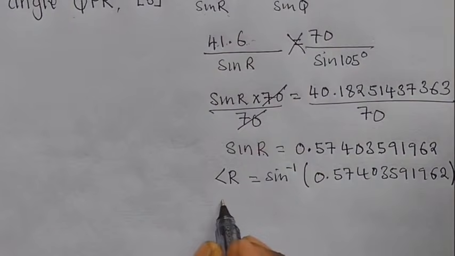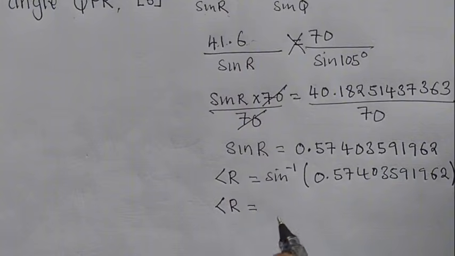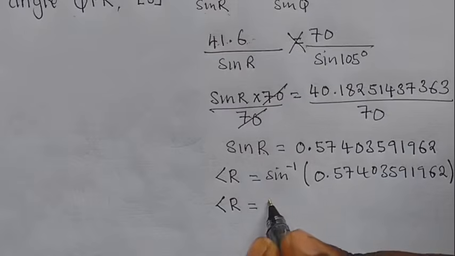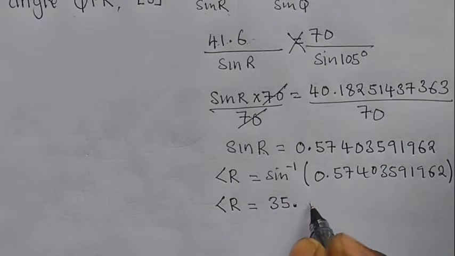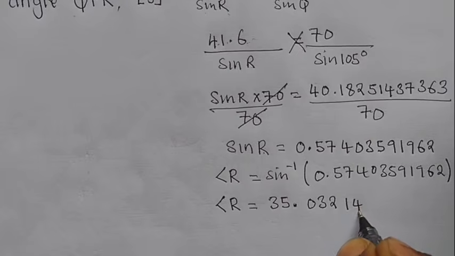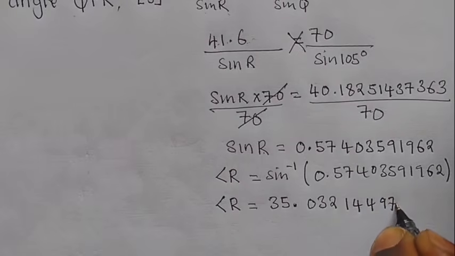When you press sine inverse of this on the calculator, it will give us something like this, 35.0321497932.